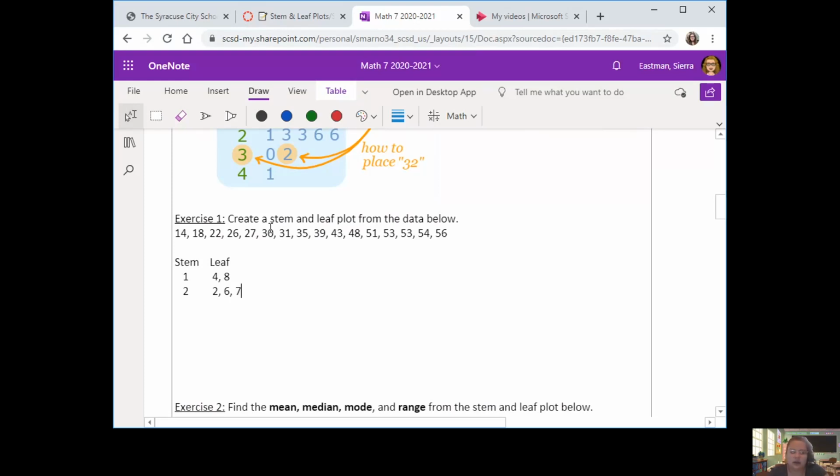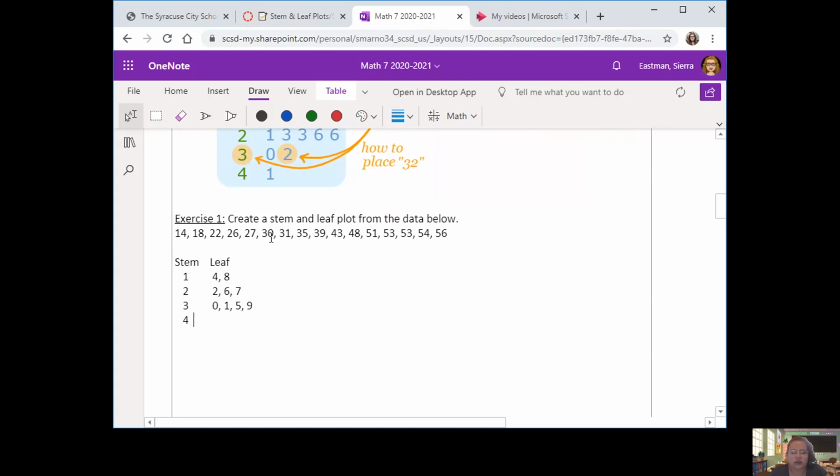And then we're moving on to our next stem, which is 3. That one is a 3, so the leaf is 0. 31 has a leaf of 1. 35 has a leaf of 5. And 39 has a leaf of 9.